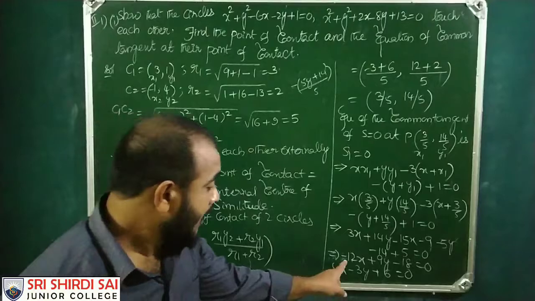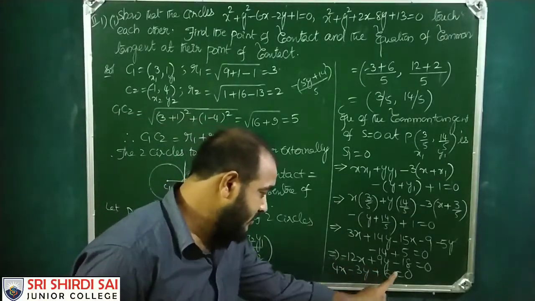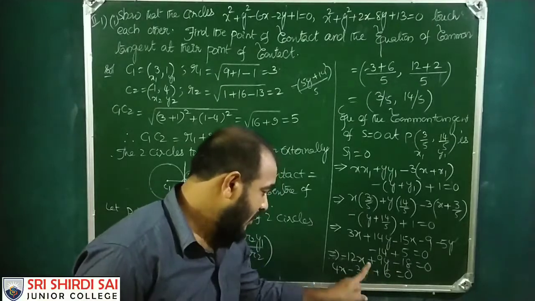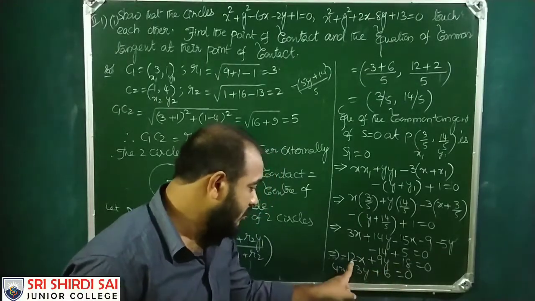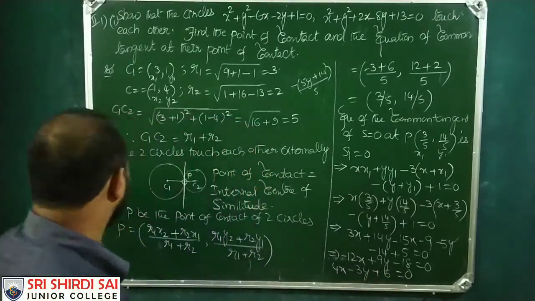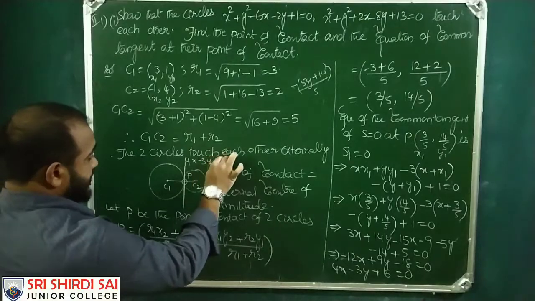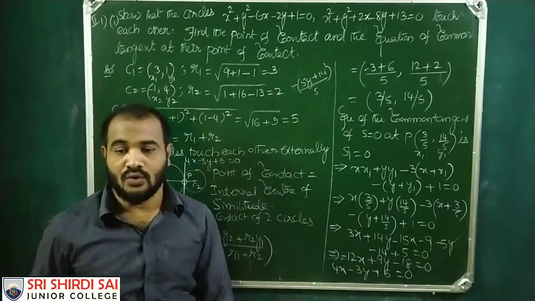I have taken minus 3 as common: this minus becomes plus, this plus becomes minus, this minus becomes plus, and since 3 is taken common, 3 fours, 3 threes, 3 sixes, so 4x minus 3y plus 6 equals 0 is this line, 4x minus 3y plus 6 equals 0.